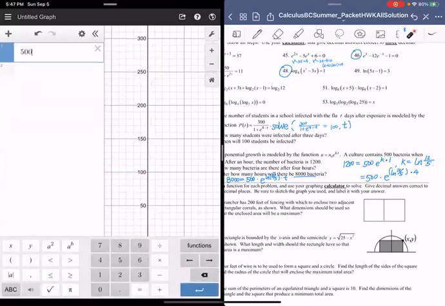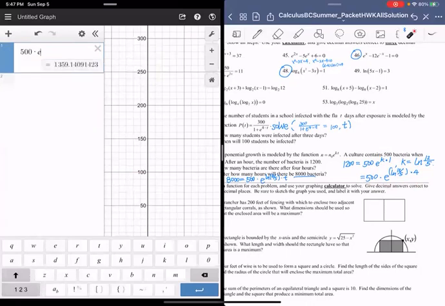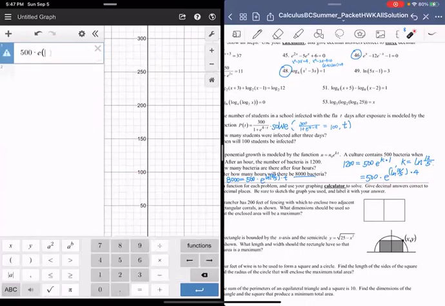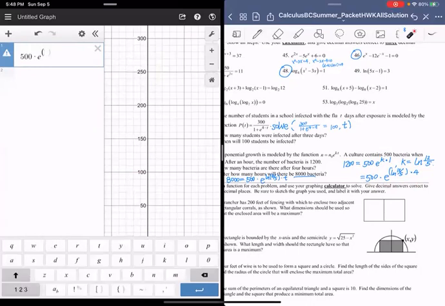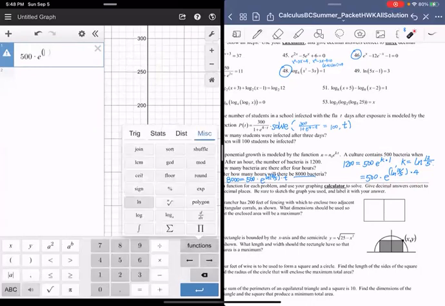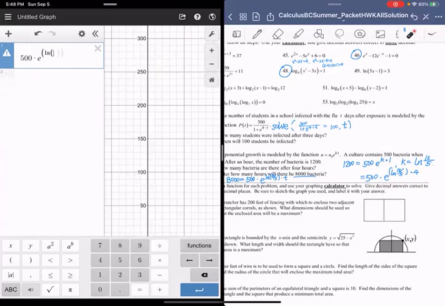This is 500 times e to the power of ln, and 12/5 is 2.4, and then times 4, correct? Okay, so that's the first answer.